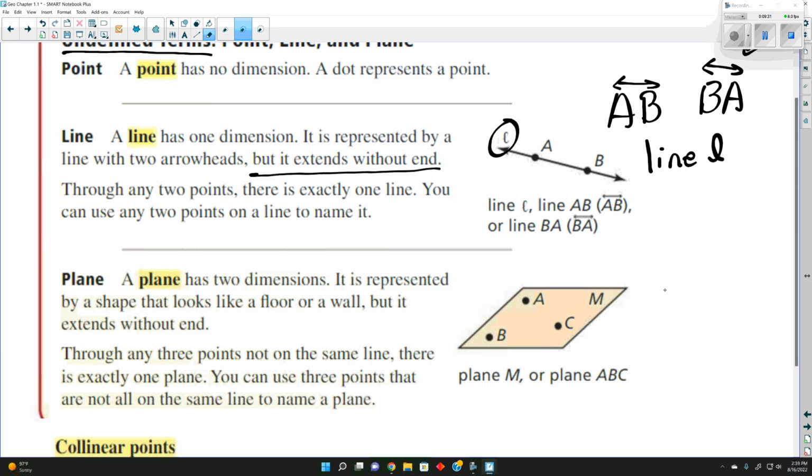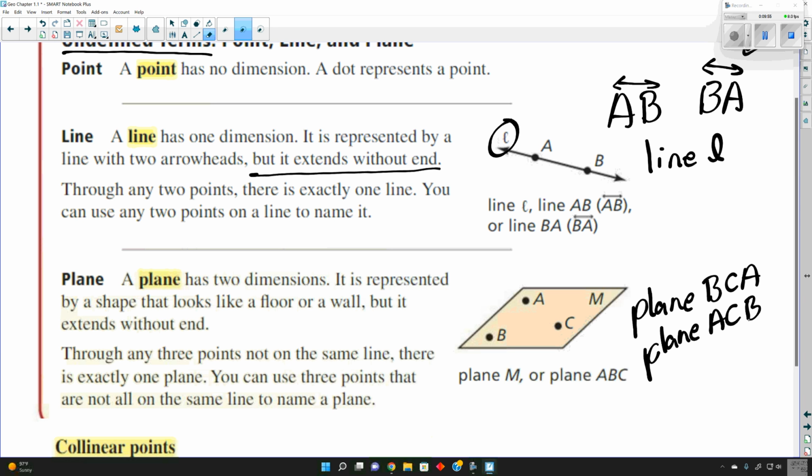Now, the way that we name a plane is we use 3 letters that are on the plane. 3 letters that are on the plane. So here we can say plane ABC. Or I can say plane BCA. Or plane ACB.